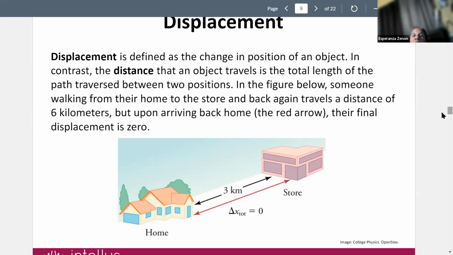But once you turn around and start coming back, then they're not going to be the same. Your distance will have a bigger size than your displacement. And if you go all the way back to your start point, your distance is definitely not going to be the same as your displacement, because your displacement will be 0. Does that make sense to everybody?